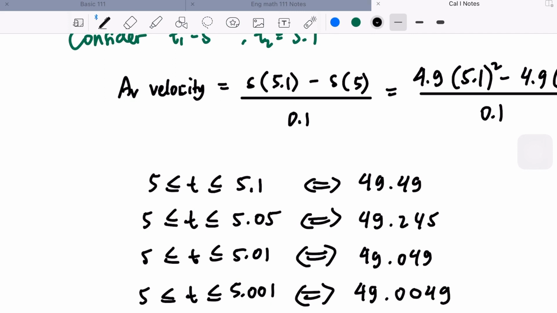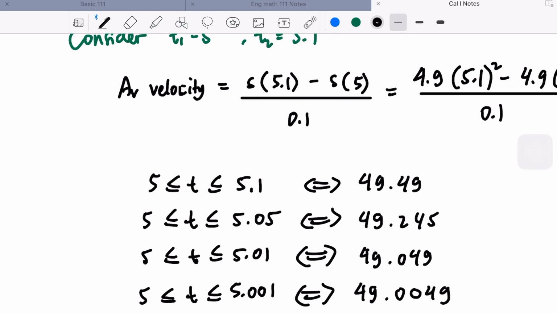And you can imagine that when we have something smaller than 0.001, it will get closer to the number 49. Maybe it would be 49.0000 something. This is just to prove that the limit can work in this situation.